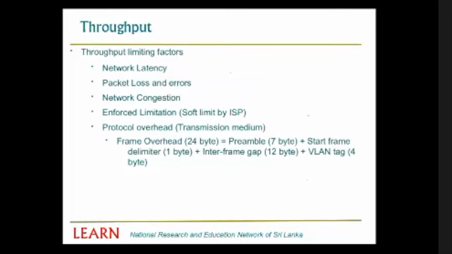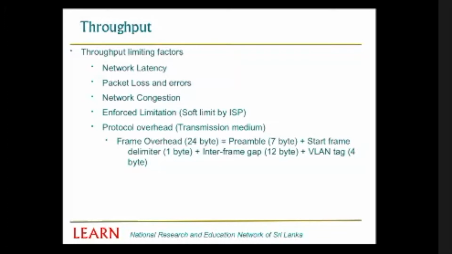So, throughput limiting factors. One is network latency, and as I said earlier, the most affecting factors will be network latency and packet loss. The other one is network congestion. Another one is enforced limitation, like when the institute's LAN provides you with some link speed, maybe 100 Mbps.